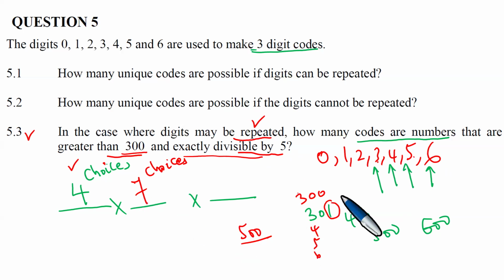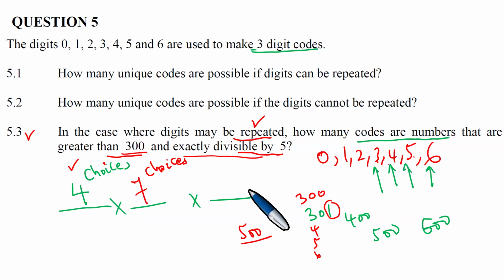But obviously now, greater than 300, we can start with 3, 4, 5, 6. We have 4 choices. 1, 2, 3. But we can't start with 2 because the number can be like 200, 210. Those 200 and something, 100 and something, starting with 1, are all of them less than 300. Right. So we have 1, 2, 3, 4.